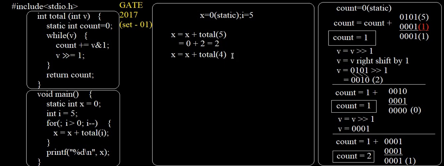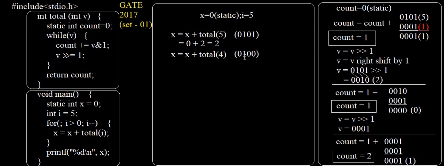Okay, this one. And now if you notice one thing in the previous iteration, why the value of count became 2, because we have number of ones equal to 2 in the case of 5. In this case, 5 has a binary of 0101. We have 2 ones here, that's why the value of total gives you 2.